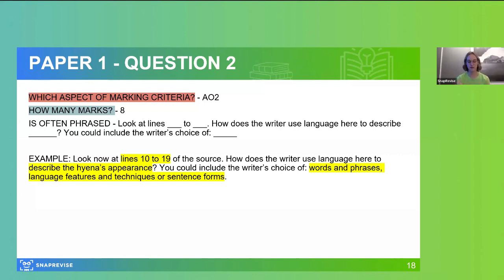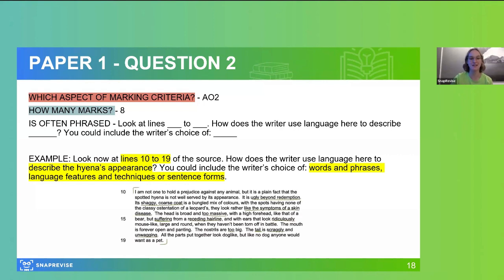So again, you should be thinking about literary techniques when it comes to language: imagery, tone, adjectives, verbs, metaphors, the whole shebang. So this is the section that you're being asked to look at. This is how I would annotate my portion of the text.